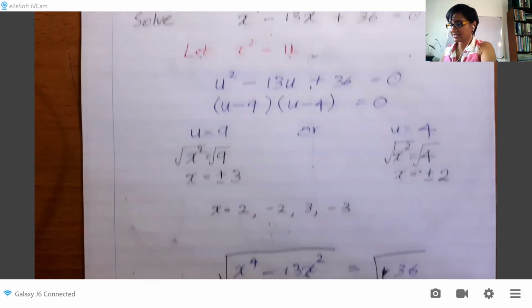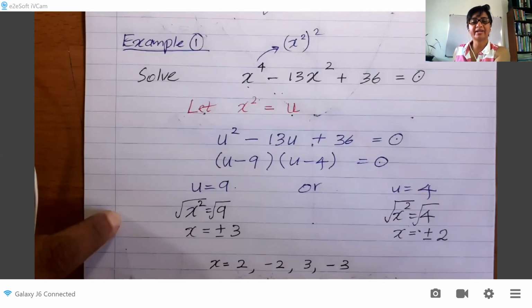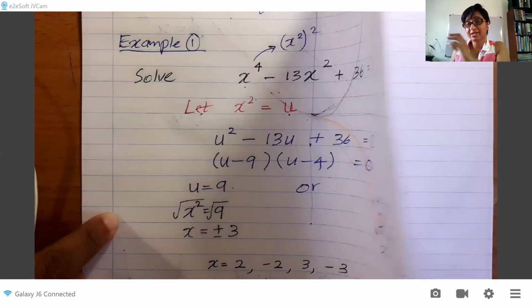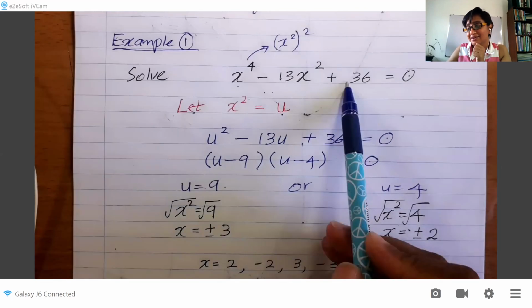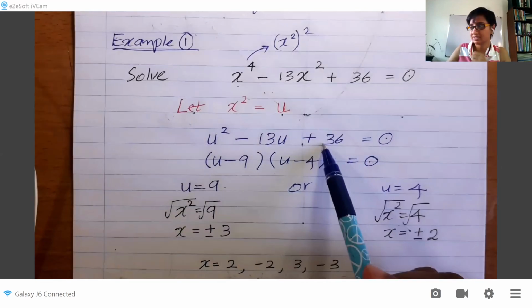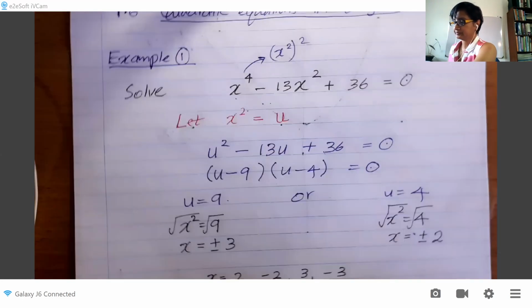Let's quickly look at another example. So this is an example for an equation, for a quadratic in disguise. This indeed was a quadratic, because I was able to turn it into a quadratic, right? Let's look at another one. Example 2.